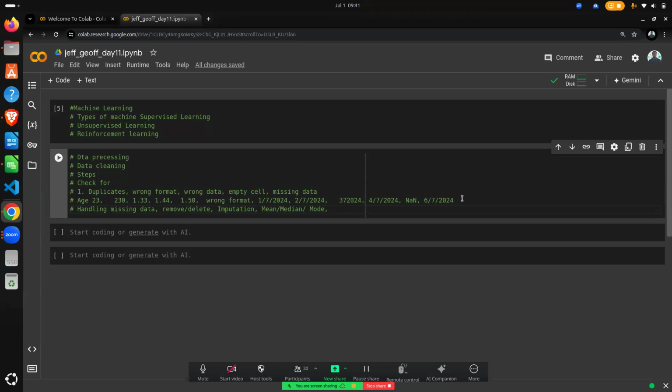You can use forward fill and backward filling.